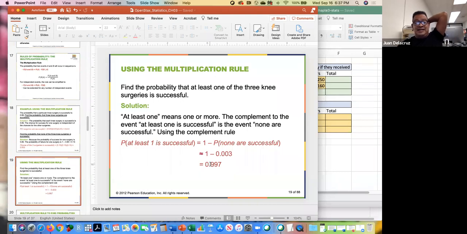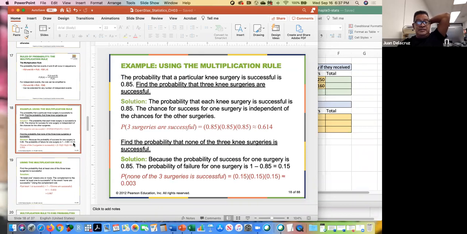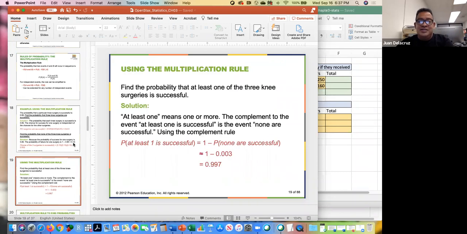So that's very high. If you were a lawyer, you would be using some different things, right? That's what they do when they have these lawsuits. Basically, most of the information that they collect is based on probabilities of success and failure.